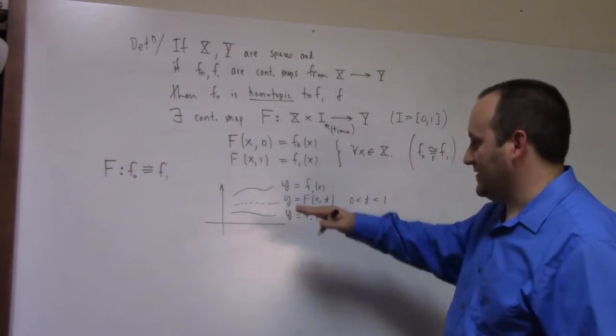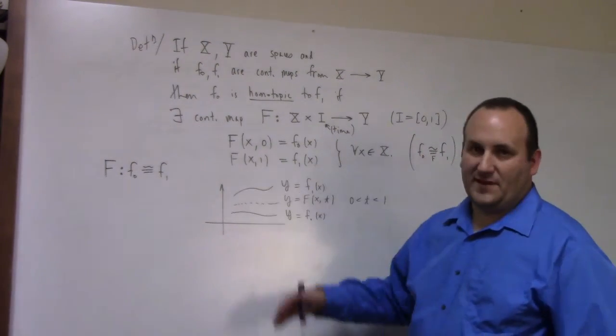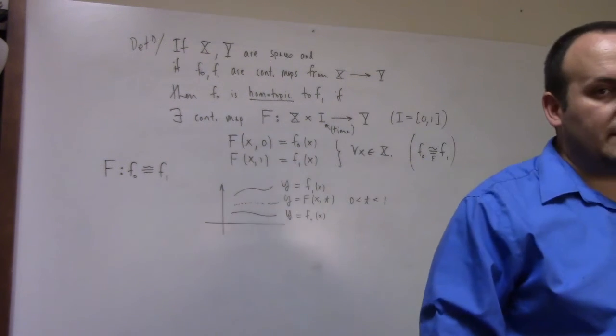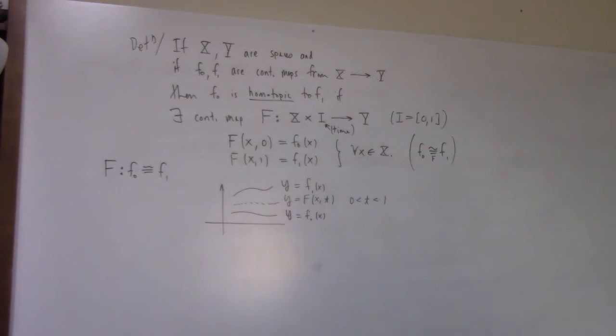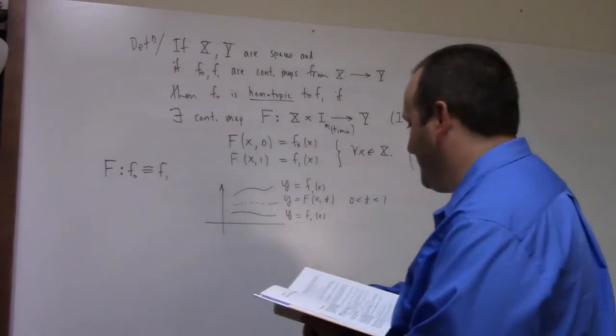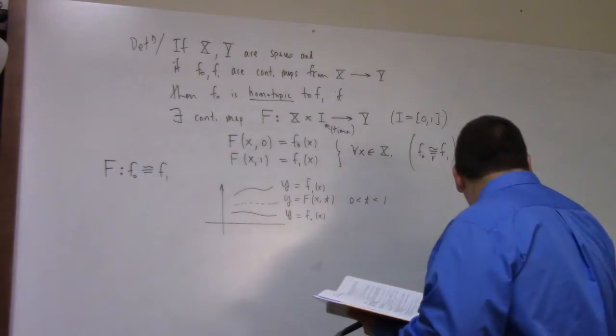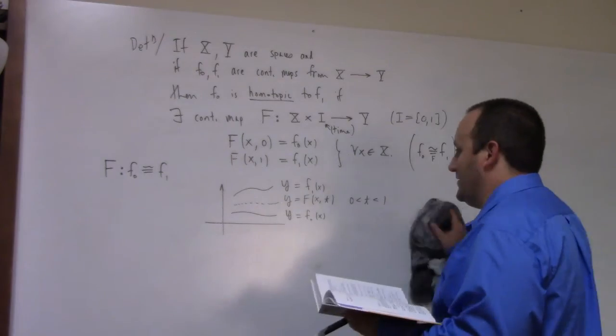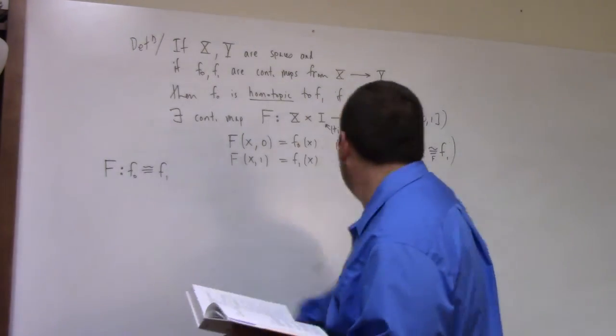So it can be deformed, they could be moved one to the other. But of course this picture is harder to draw when your functions aren't real valued functions of a real variable. And I'm not sure how useful this picture actually is, but I'm going to get rid of it before someone documents it.